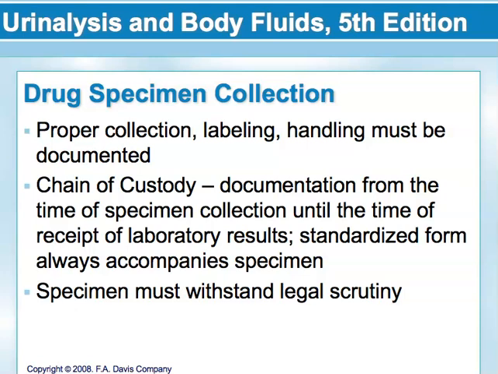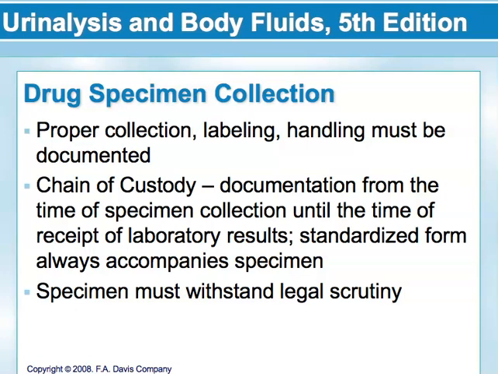It must document and accompany every step of the drug testing, from the person who collects it, to the courier who delivers it, to the lab personnel who performs the testing, to the medical review officer, to the employer. Those samples have to be able to withstand legal scrutiny in a court of law. So it's necessary to follow the sample from beginning to end to prove that no tampering occurred.